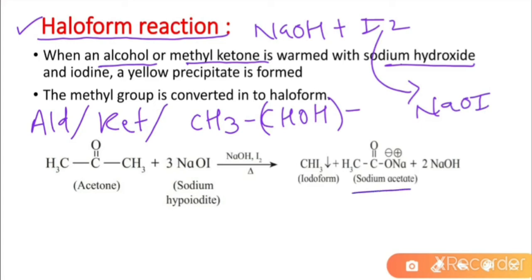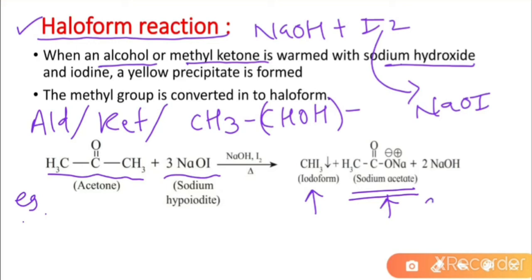In this reaction, sodium salt of carboxylic acid is obtained, which contains one carbon atom less as compared to the substrate. For example, acetone. When acetone is oxidized by using sodium hypoiodide, it gives sodium acetate and yellow precipitate of iodoform is obtained.